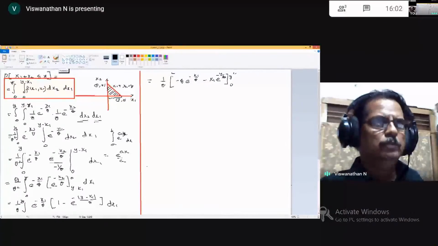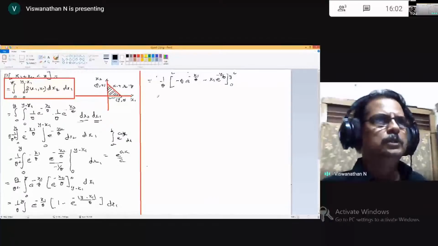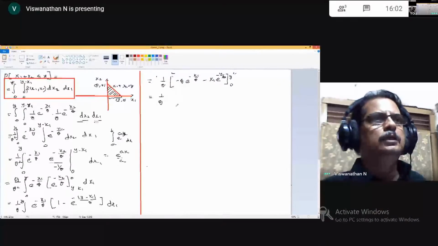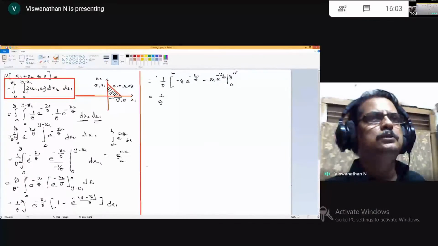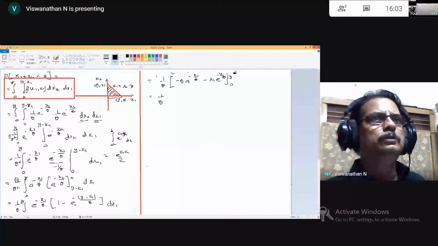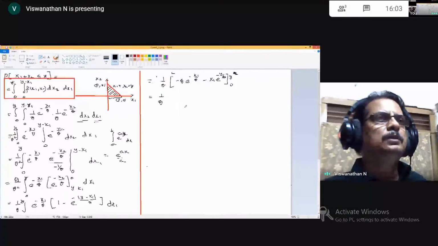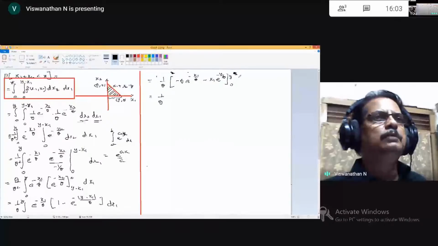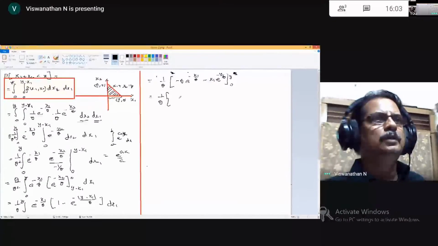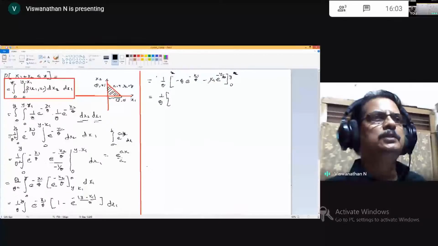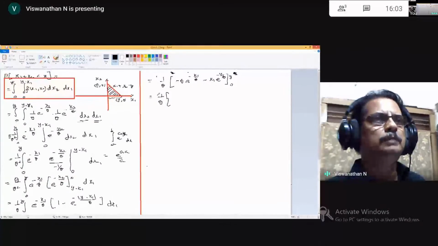So this is equal to 1 by theta. In the upper limit, I want to substitute, so you ignore this; 0 to y is the limit. In the process of copy paste, we have certain unnecessary things here. So this is 1 by theta. In the upper limit, I have to substitute y for x1. In the lower limit, I have to substitute 0 for x1. There is a minus sign common to both, so I can bring that minus sign outside.